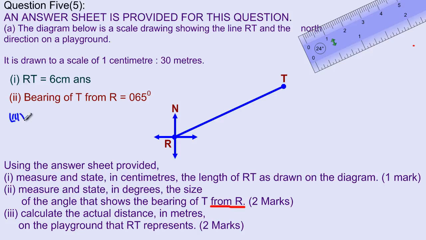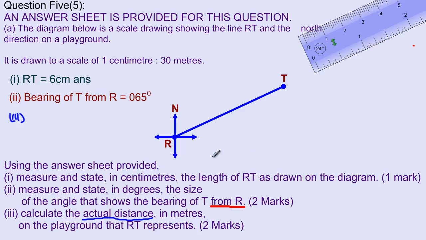When from a map they ask you for the actual distance, basically they have scaled down, made the drawing smaller to fit on the paper here. So what they're simply asking is, if they should put this drawing in real life, what would be the real life distance between those 2 points.